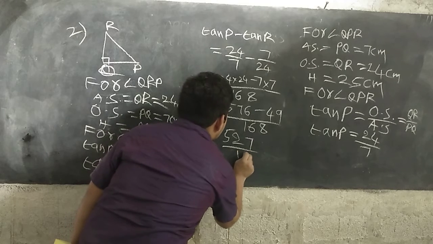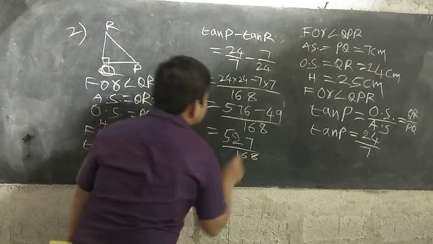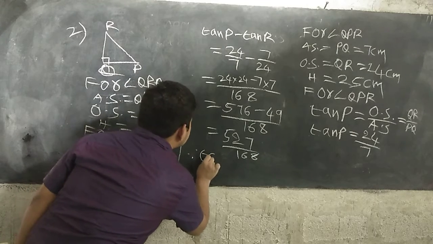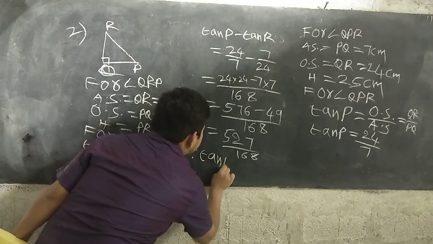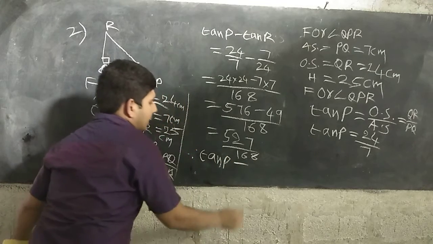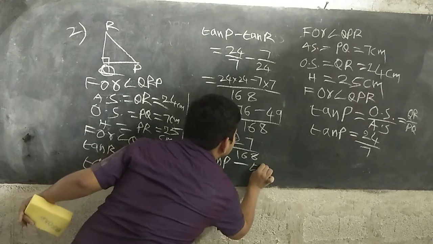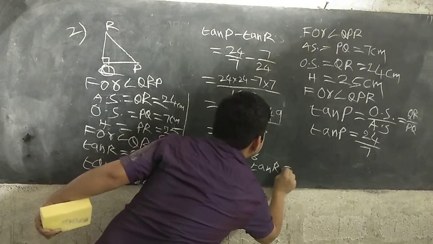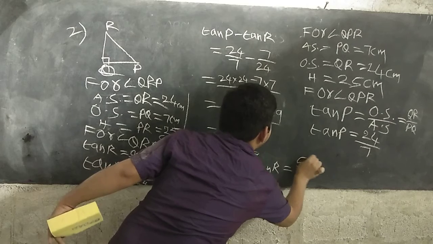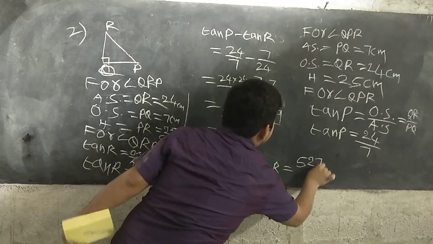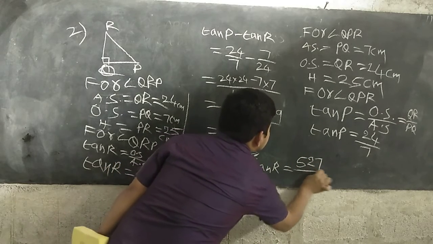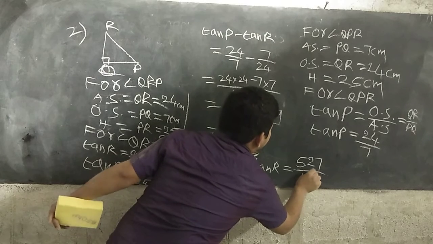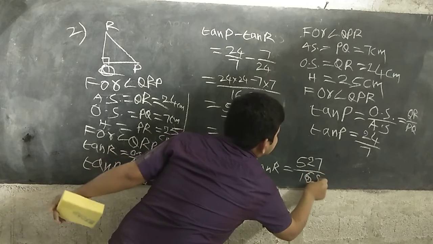That is the value of tan P minus tan R. So therefore tan P minus tan R equal to 527 by 168.